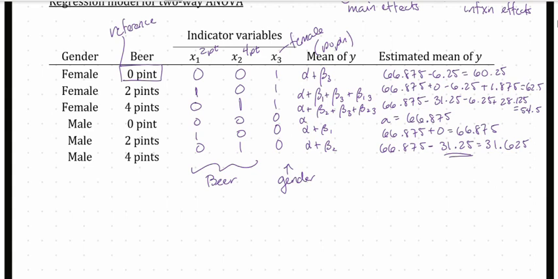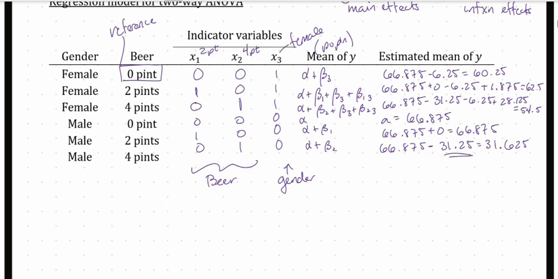For females who drink 4 pints of alcohol, we have A plus B2 plus B3 plus B23. So we can see that we have to subtract off this negative 31.25, the effect of 4 pints, but we're adding a whole big amount back, which is the interaction effect of 28.125.